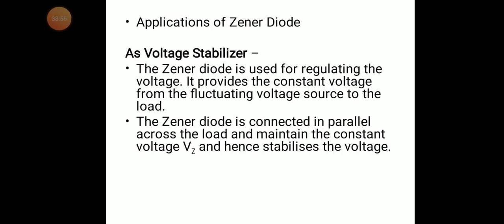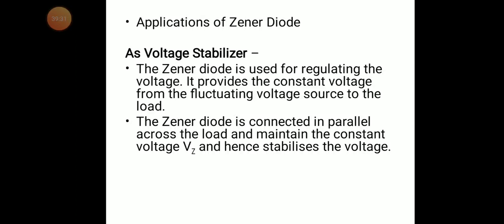It provides a constant voltage from a fluctuating voltage source to the load. The Zener diode is connected in parallel across the load and maintains the constant voltage Vz, and hence stabilizes the voltage. We can see this elaborately in the example, but try to understand what this voltage stabilizer is.